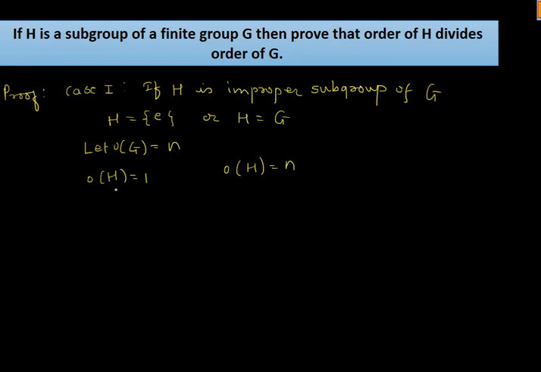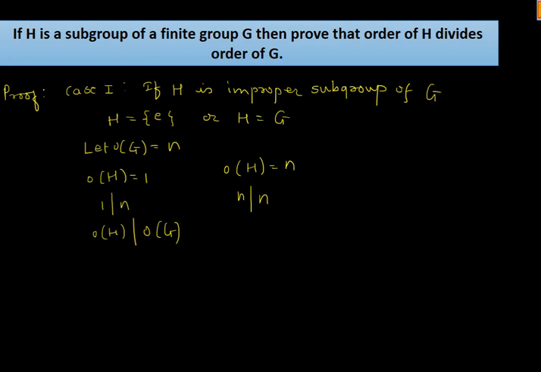So in both the cases, 1 divides n, and n itself divides n. So in this case, when H is the improper subgroup of G, the order of H divides the order of G. So the theorem is proved when H is an improper subgroup.